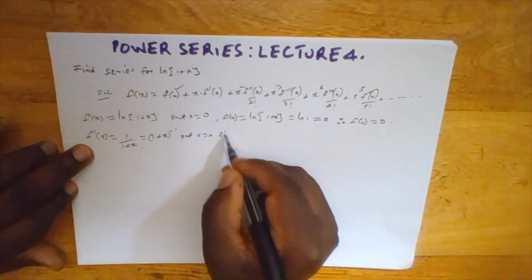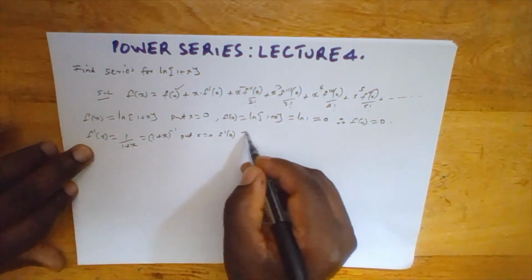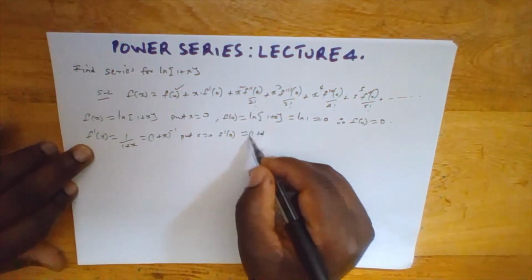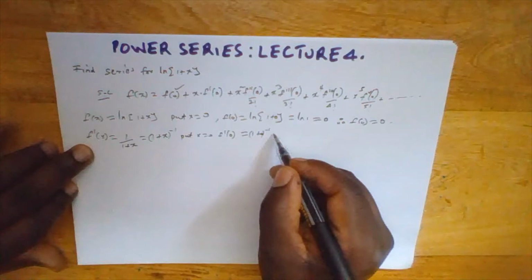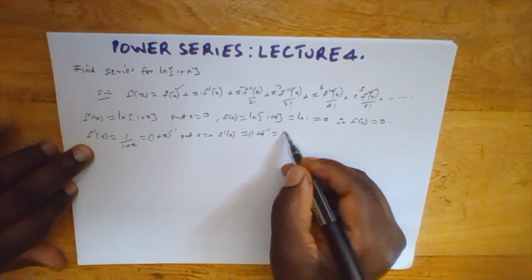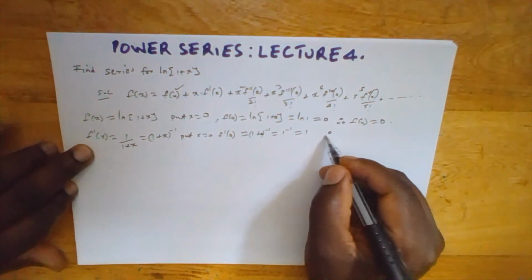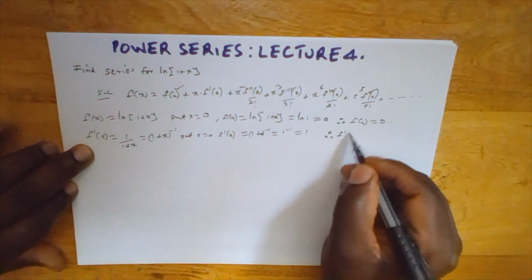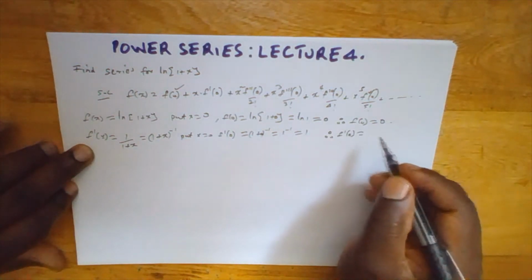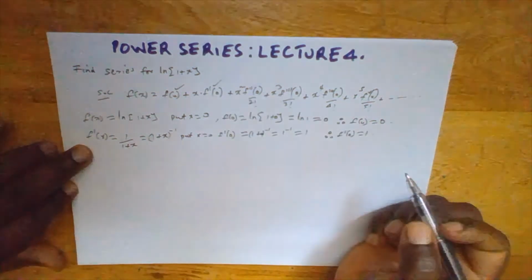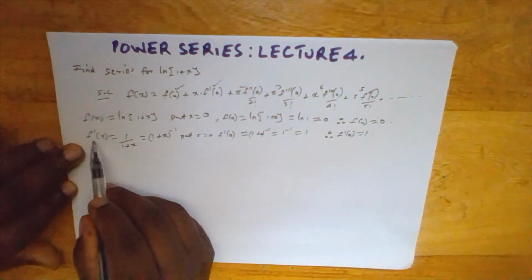So our f prime of 0 will be 1 plus 0 raised to negative 1, which equals 1 raised to negative 1, which equals 1. Therefore our f prime of 0 equals 1. So we have that.